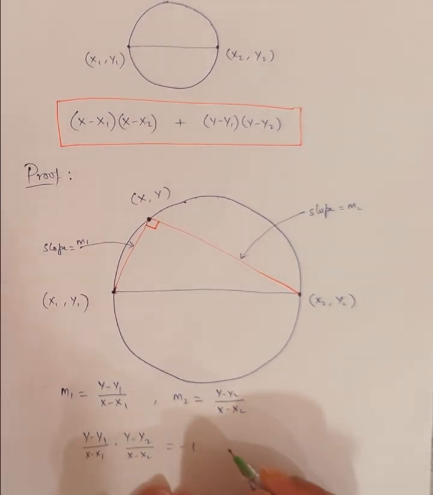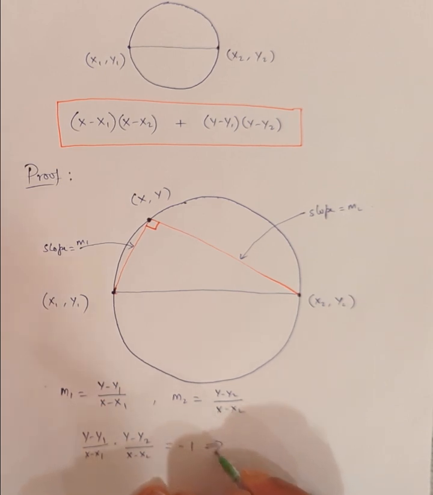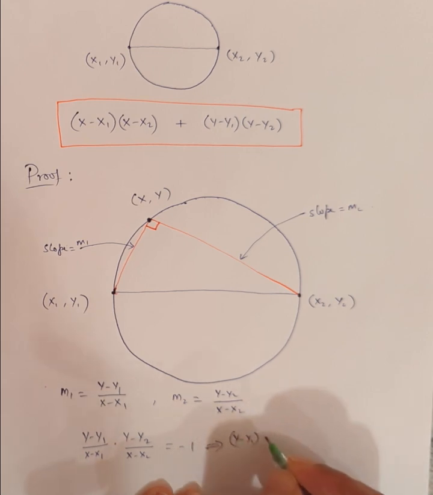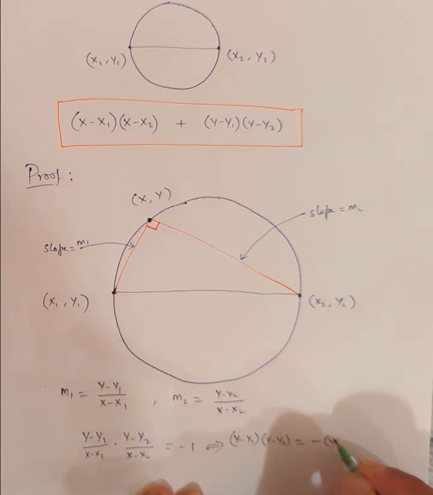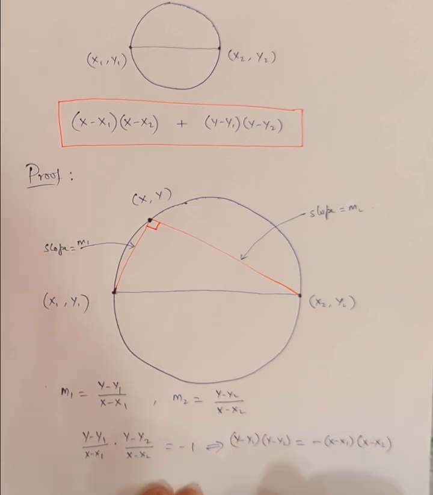And if I rearrange this, I multiply the numerators: (y minus y1) times (y minus y2) is equal to negative of (x minus x1) times (x minus x2).